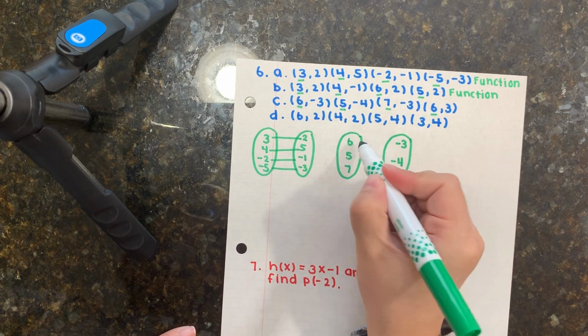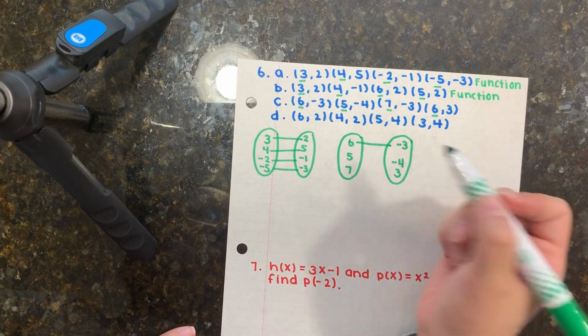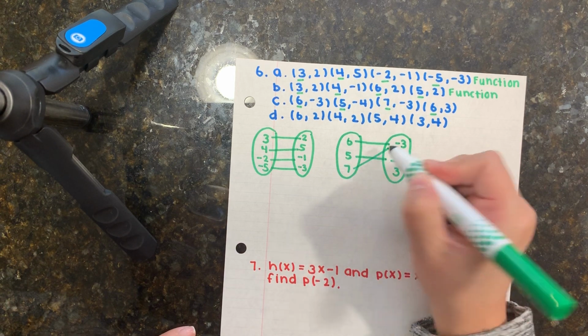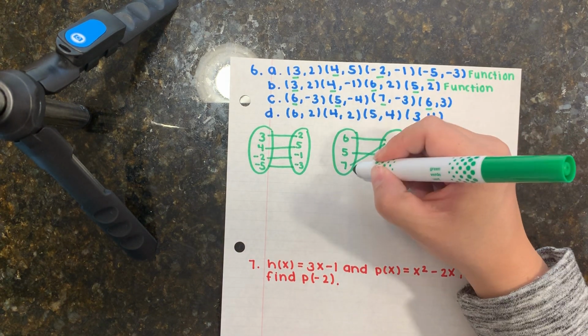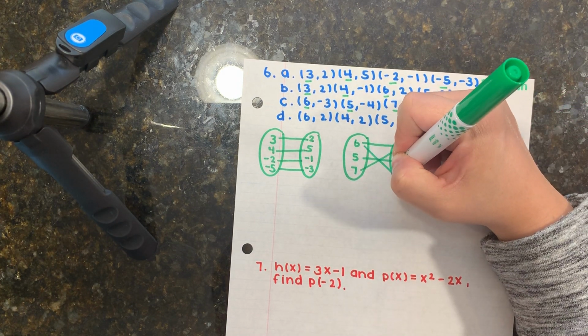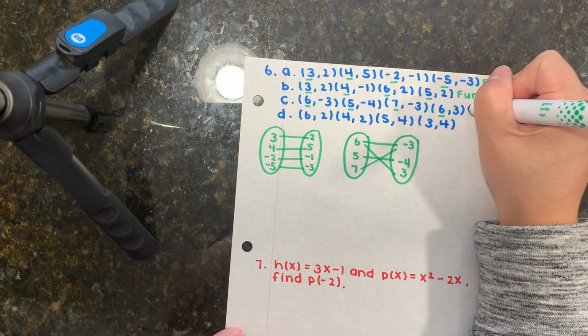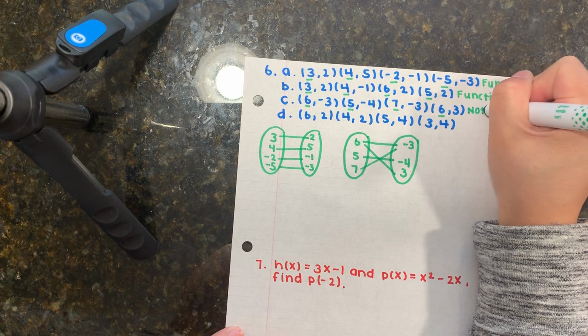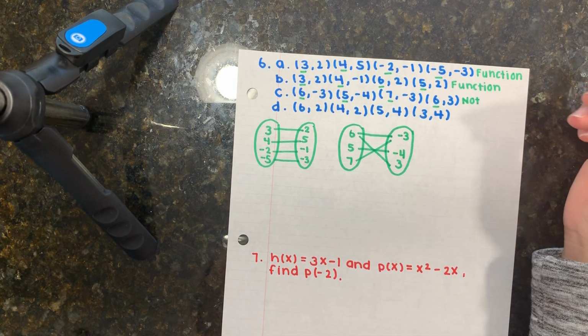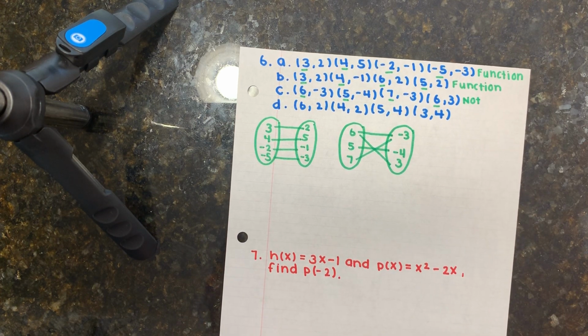So I have 6 leads to -3. Then I have 5 leads to -4. I have 7 leads to -3. Remember, that's okay. We can have 2 x values lead to the same y value. But then I have 6 leads to +3. And this right here is what makes this not a function. Again, you can't have one x value that leads to multiple y values.